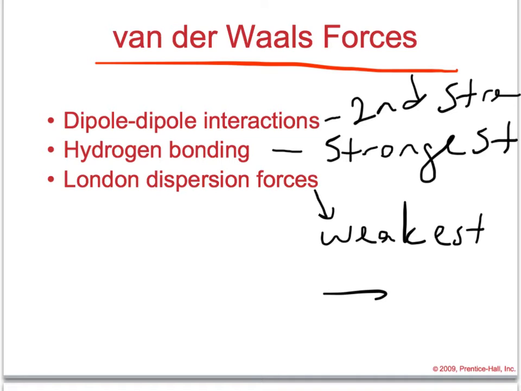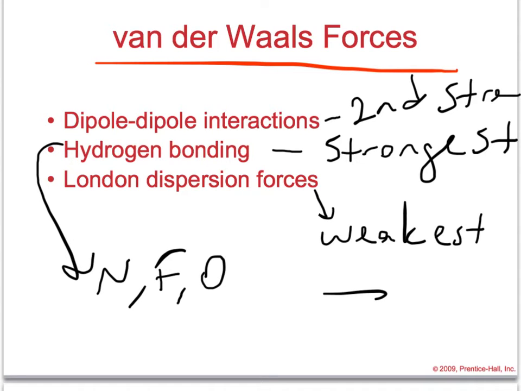We said that the strongest one is hydrogen bonding, and hydrogen bonding occurs between molecules that have nitrogen, fluorine, and oxygen, and of course, the bonding of these elements with hydrogen.